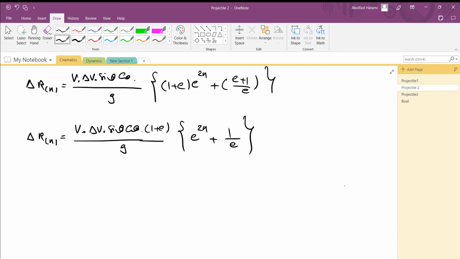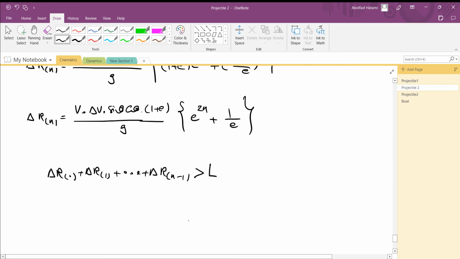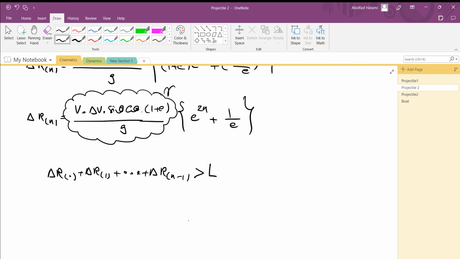So now we can write this equation: delta R0 plus delta R1 plus delta R2 plus delta Rn minus 1 is going to be greater than L. This parameter is constant and I want to call it gamma. So it is gamma e to power 2n plus 1 over e.